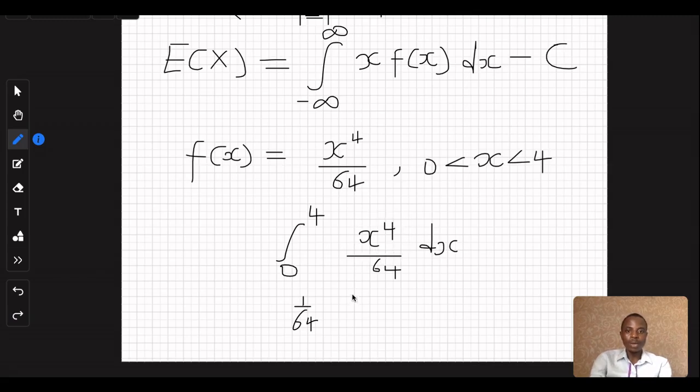My intention was to make this x raised to the power of 3.